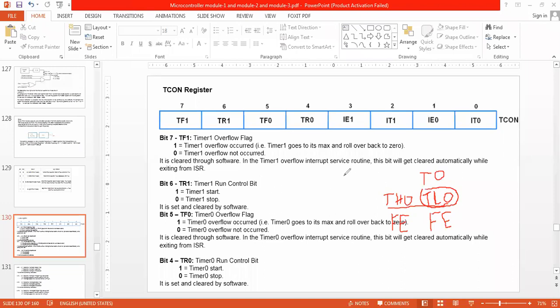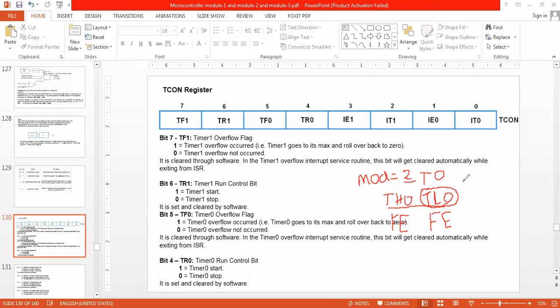Because to make it like that, I have to set the TMOD register. The mode bits, M1 and M0, should represent the binary value 2, that is the 8-bit auto reload mode.